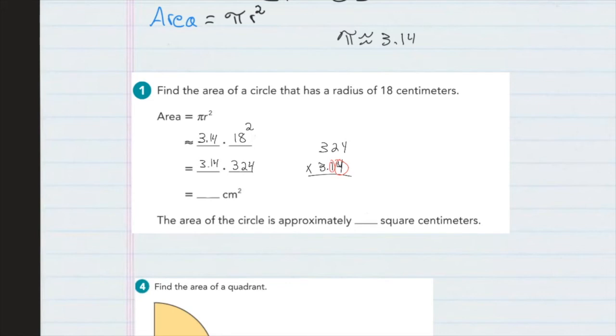And either way, your final answer should be approximately 1017.36 square centimeters, or you can say centimeters squared.